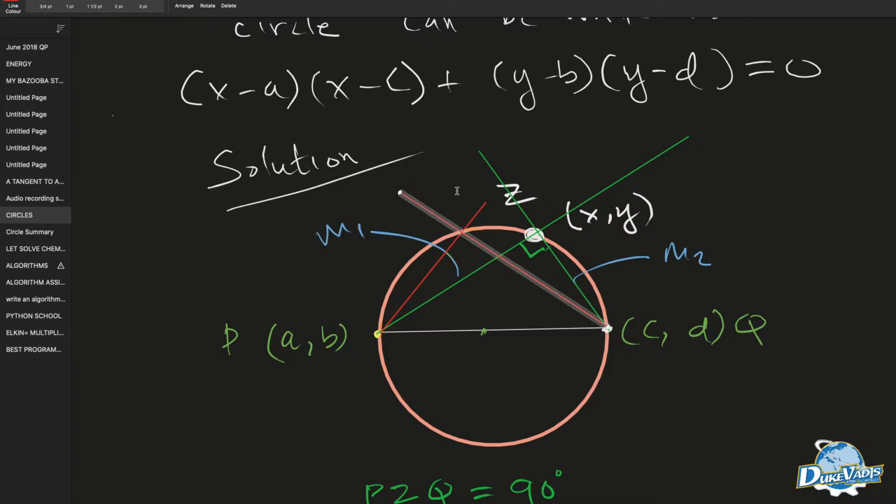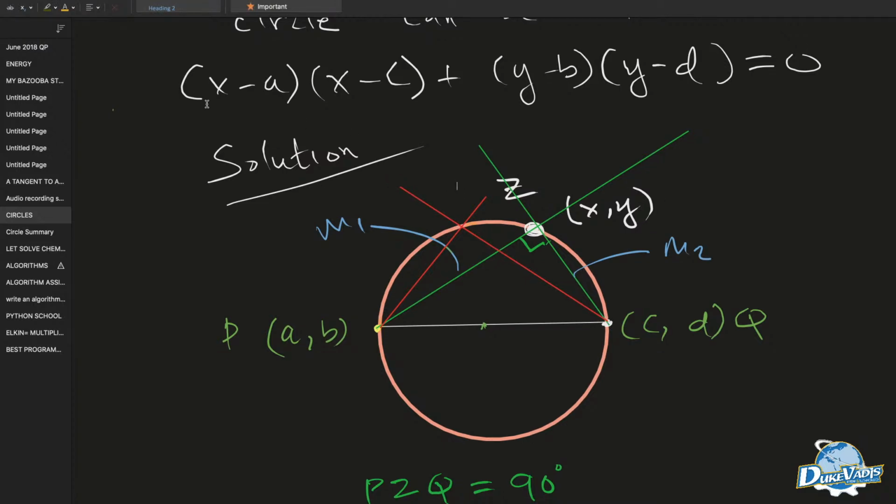This is still going to be 90 degrees. So that is evidence that the angle PZQ is 90 degrees. All right, with that, let's go back and see what we can say.